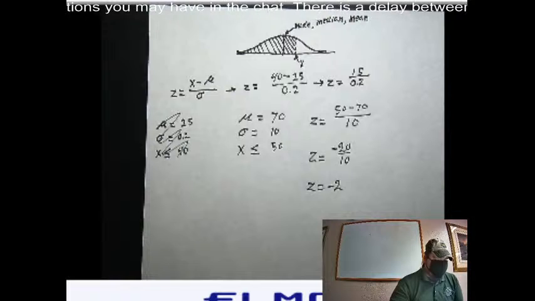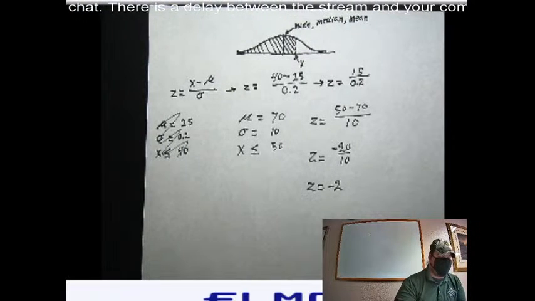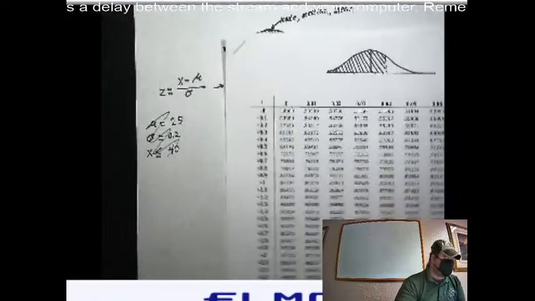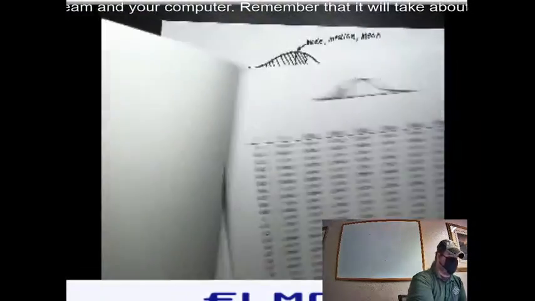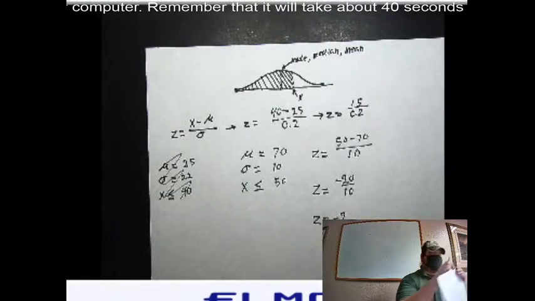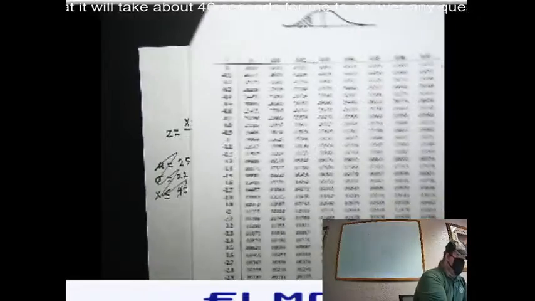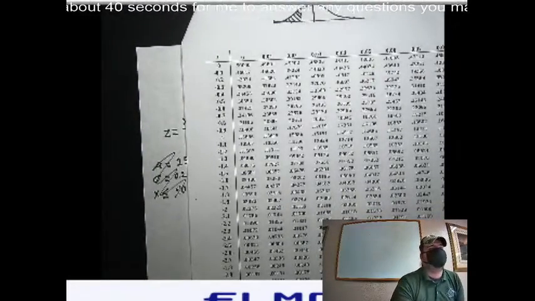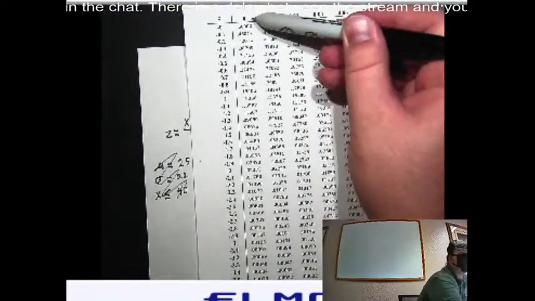And what we need to do now is take our table. Again, we have a negative z value, so that's the second table. It has all the negative z values on it. And find -2. Okay, so -2, and then there's no decimal behind it really, so 0, so -2 and 0.0.